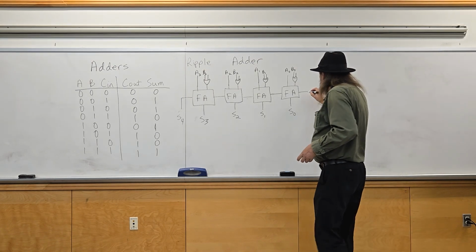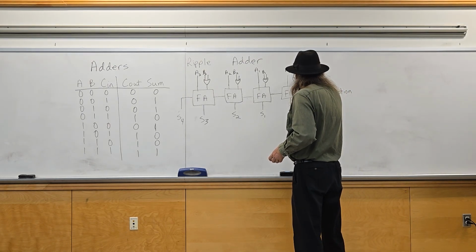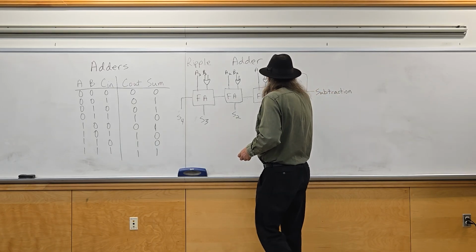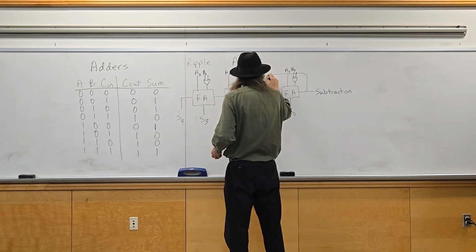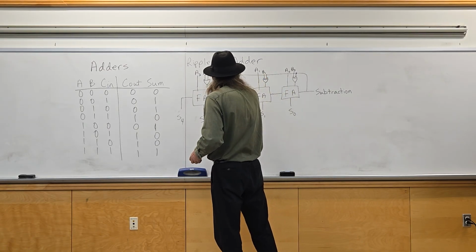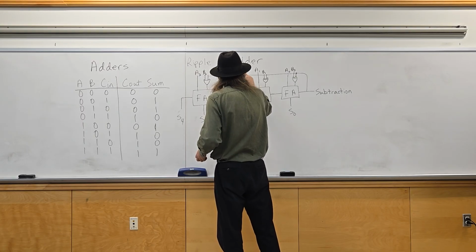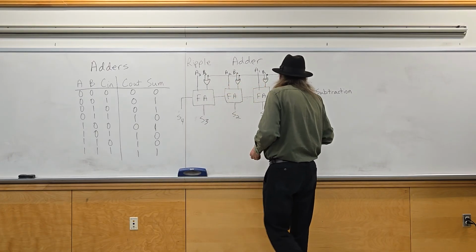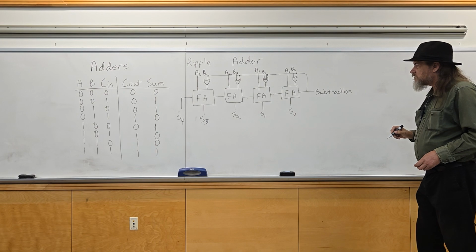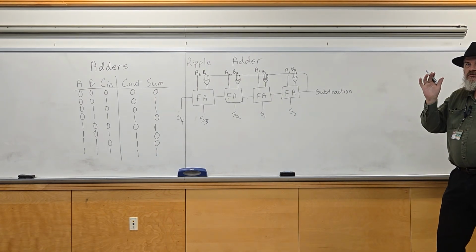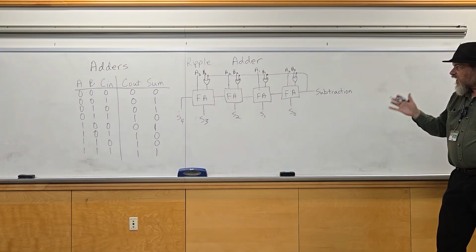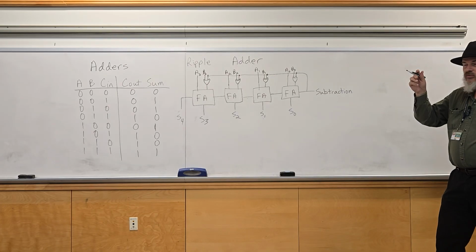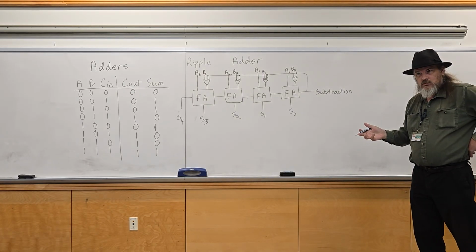So if you pull your subtraction bit high, and run it through an XOR gate for B, if one bit is high on an XOR gate, it inverts whatever's on the other bit, right?